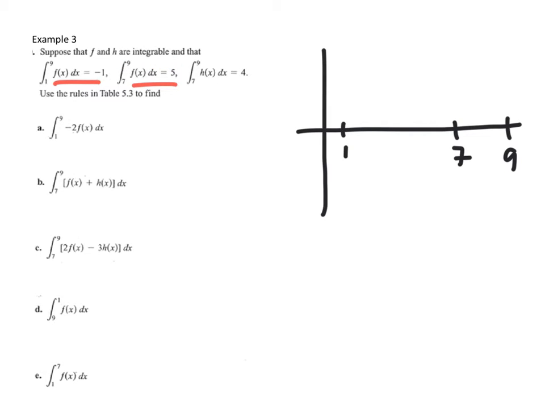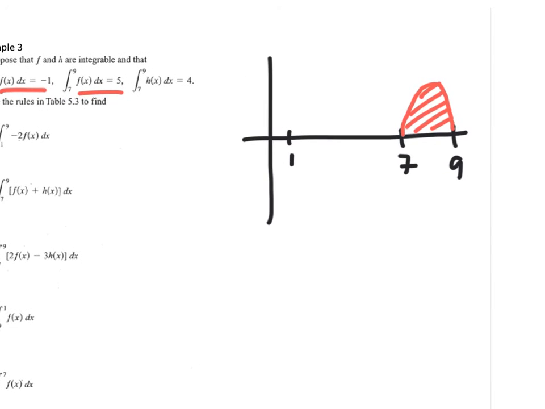What this means is that the area under the curve between 7 and 9 is 5. So I'm going to come in here and draw some curve between 7 and 9 above the x-axis because it's positive. I'm going to color that in red, and say that this area is equal to 5.